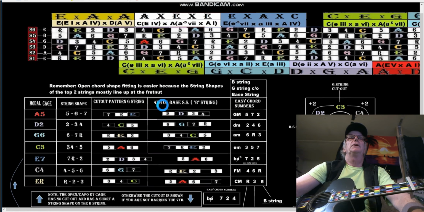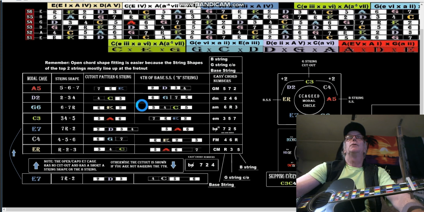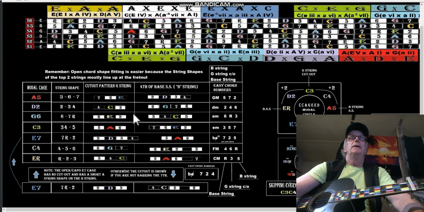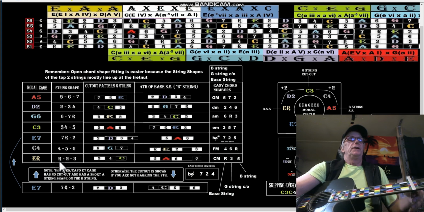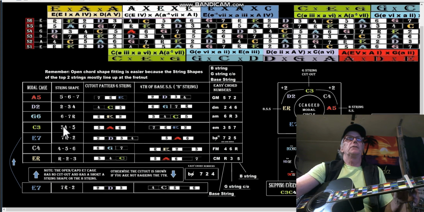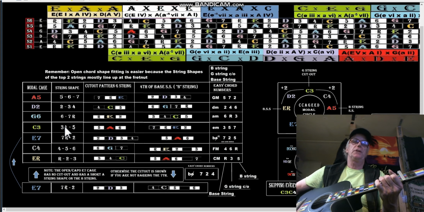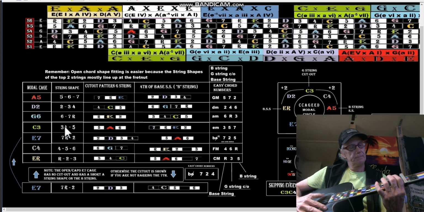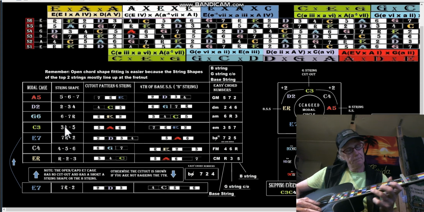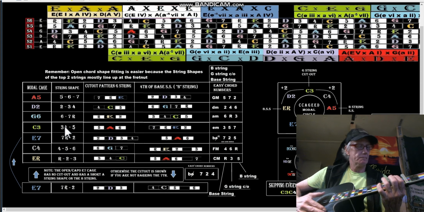Okay, so now we've got to kind of juggle the fretboard and the information here, the table. So let's say we're going to do a root. Let's do C3, okay? Because I got the capo on the third here. So this is your C shape, C. Okay, so your C scale is going to be that.